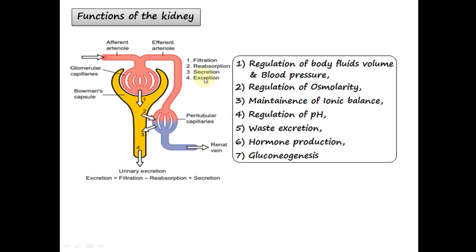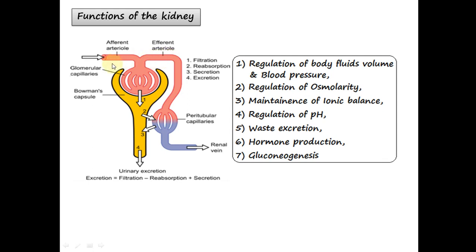So the functions of the nephron, number one, is filtration. The blood in the glomerular capillary tufts is under high pressure, because compared to the efferent arteriole, the afferent arteriole is wider and the efferent arteriole is narrow.